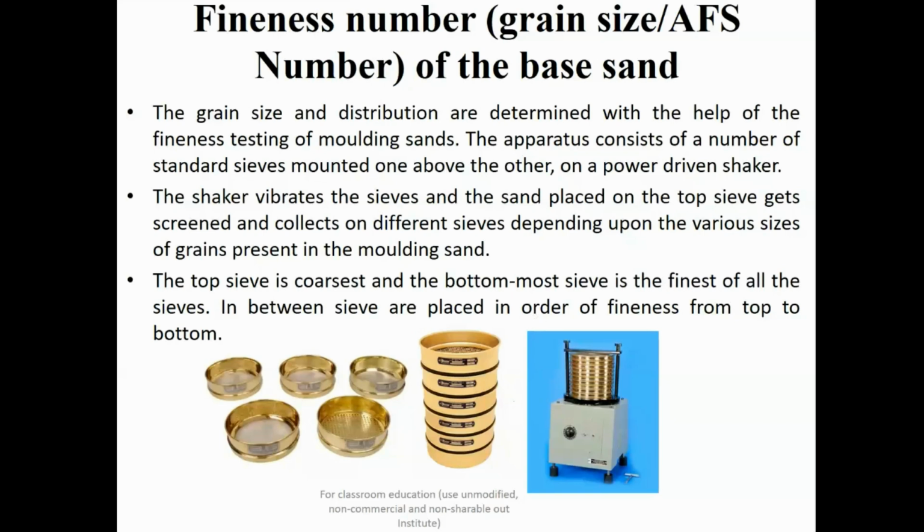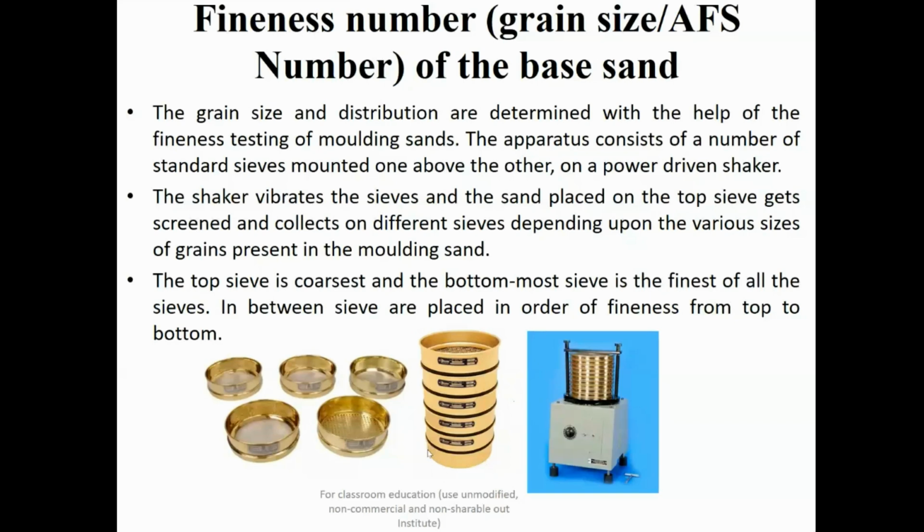The top sieve is the coarsest one, so you can see in the combination that this sieve has a coarse mesh, meaning the bigger particles can easily pass through it. And this bottom sieve is the finest of all the sieves. At the last, below this particular sieve, there is a final pan or dust collector.